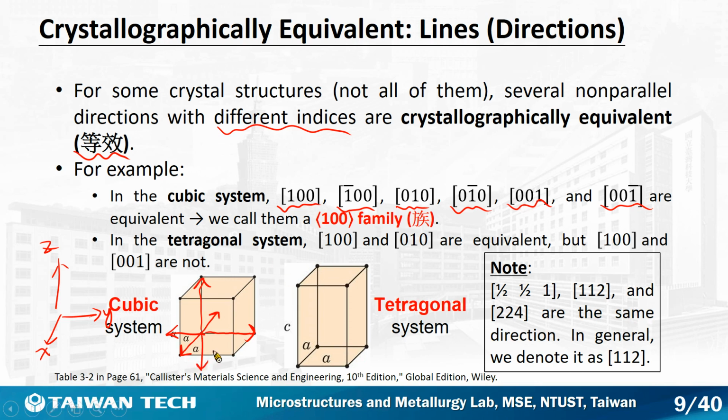So actually, all of these directions are equivalent in a cubic, because for a cubic, A equals to B equals to C, and also alpha equals to beta equals to gamma equals to 90 degrees.